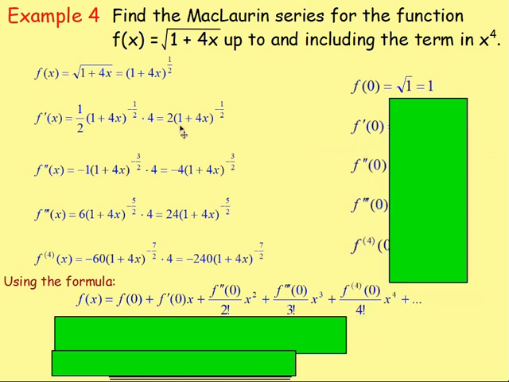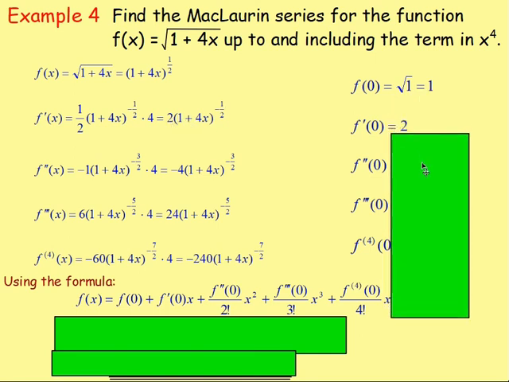So f dash 0 is going to be 2 times 1 plus 0 to the power of negative 1 half. 1 to the power of anything is just 1, so it's going to be 2 times 1, which is just going to be 2. After that, we're going to have 1 plus 0 again, to the power of something. 1 to the power of anything is going to be 1, so it's negative 4 times 1, which is just negative 4.